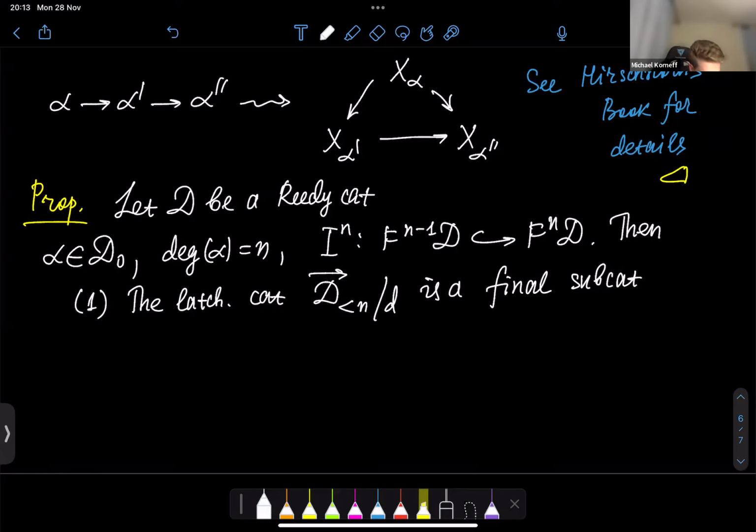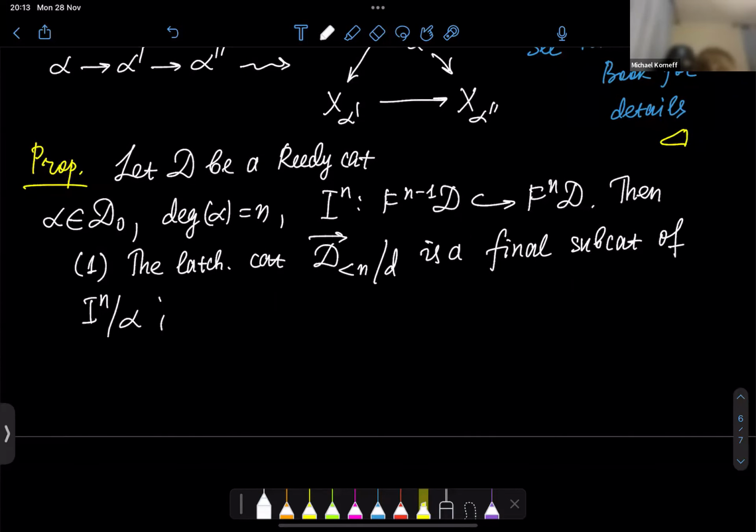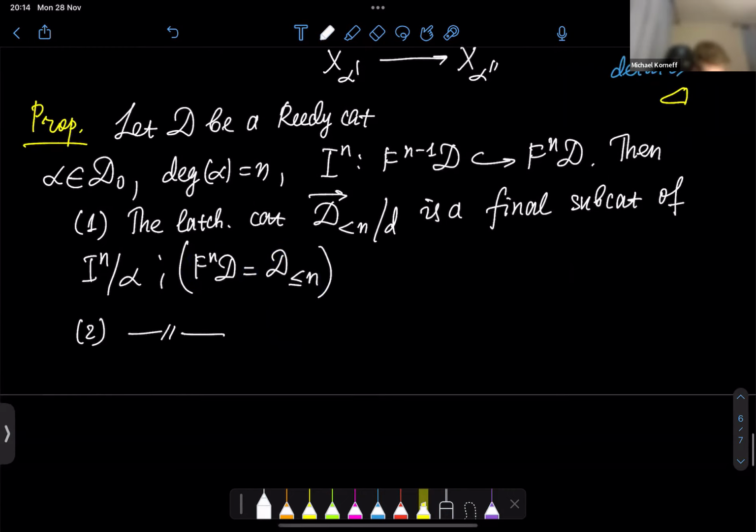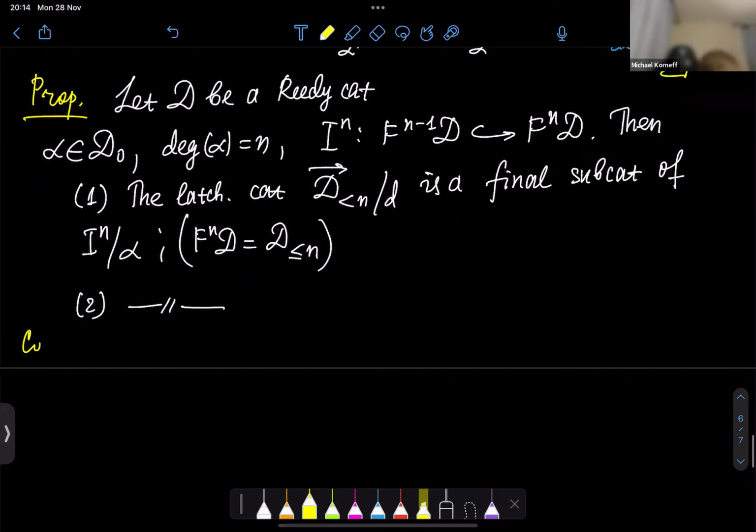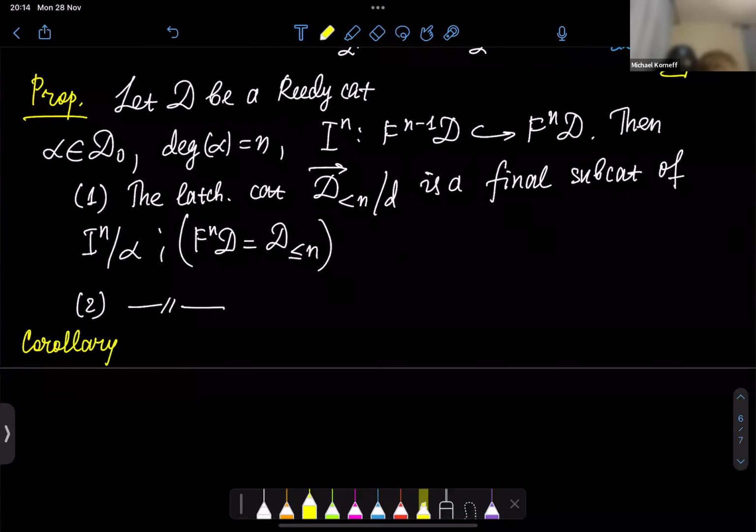Okay, final subcategory of the full slice category. I recall that this means that these notations are equivalent. Okay, and the second point is a dual one, the matching category. Okay, and corollary from this proposition.